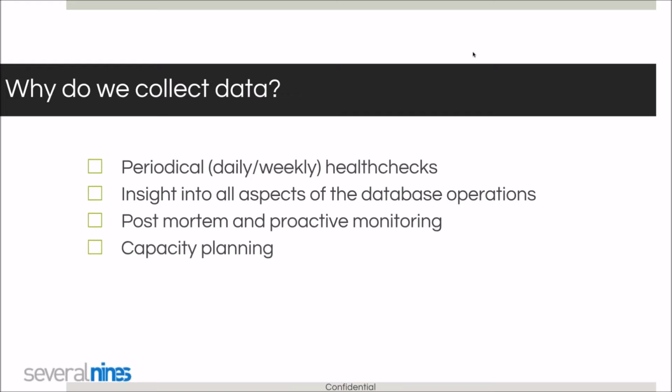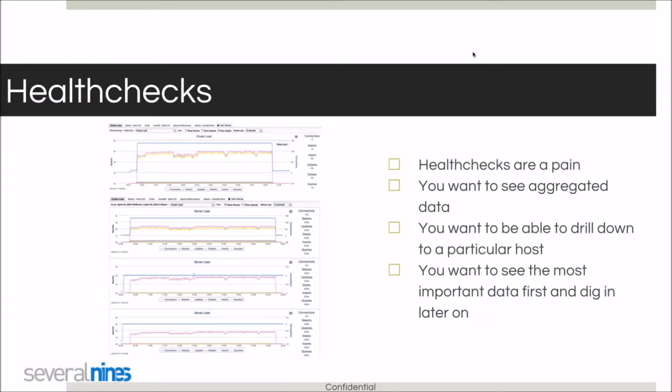I mentioned post-mortem and proactive monitoring already, and capacity planning. You can see that, for instance, CPU is getting eaten too much, and you would need to add an additional slave for that.